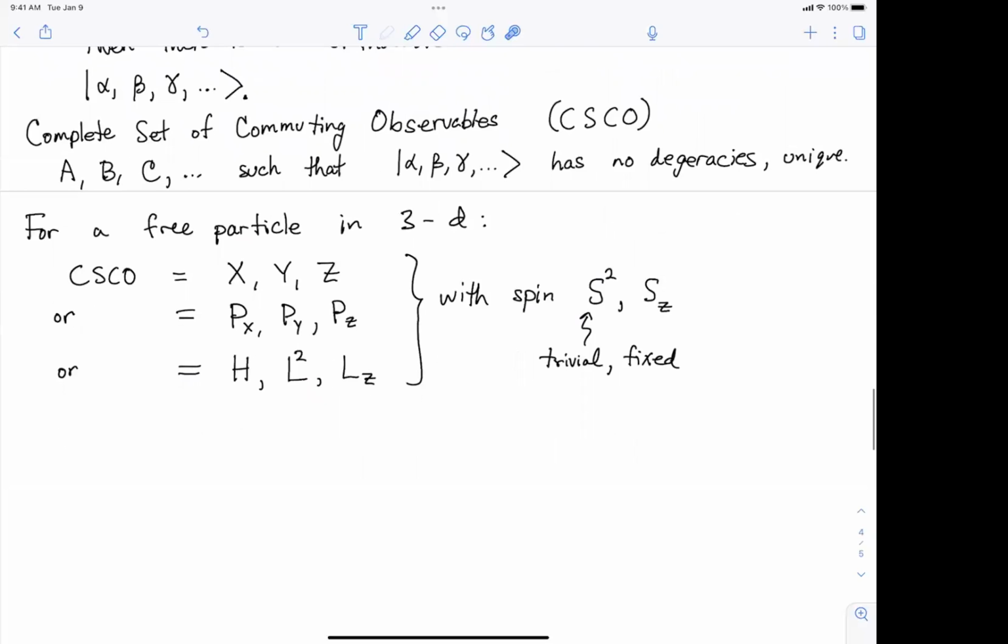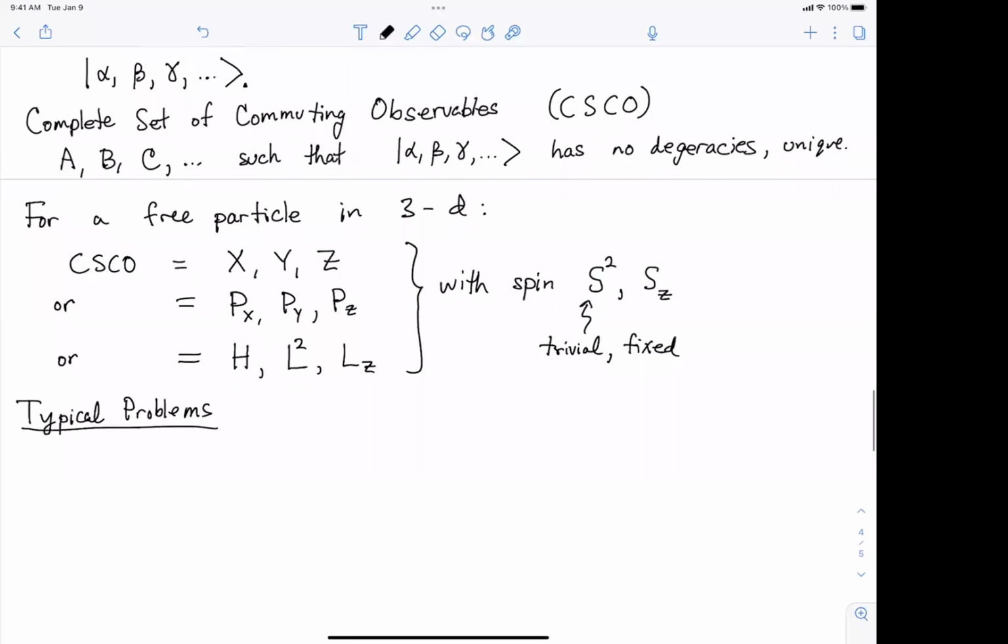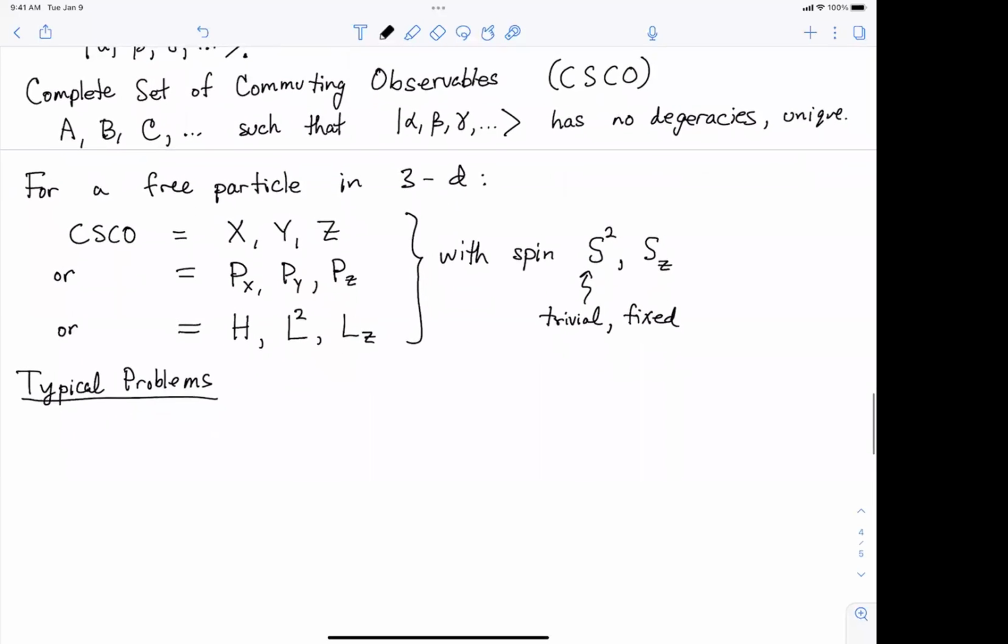All right, so let's talk about some typical problems that one encounters. Because quantum mechanics deals with probability, a lot of times we have statistics that we have to do. One statistical thing that we might want is the expectation value.